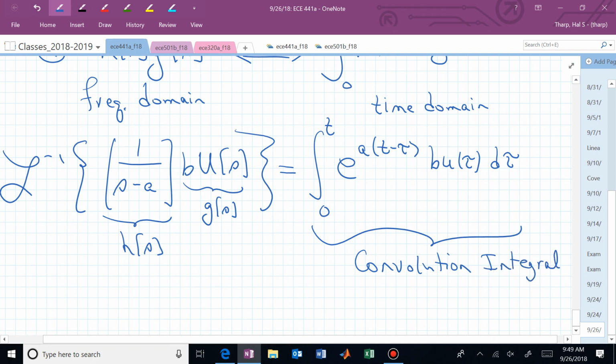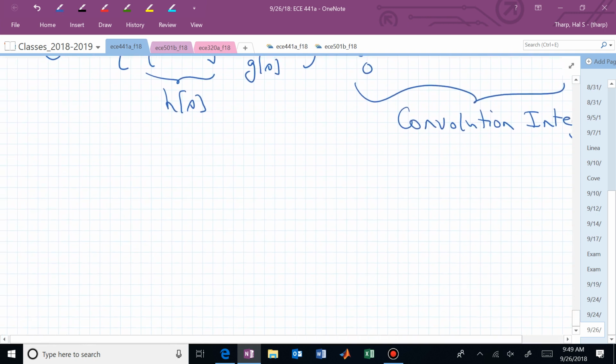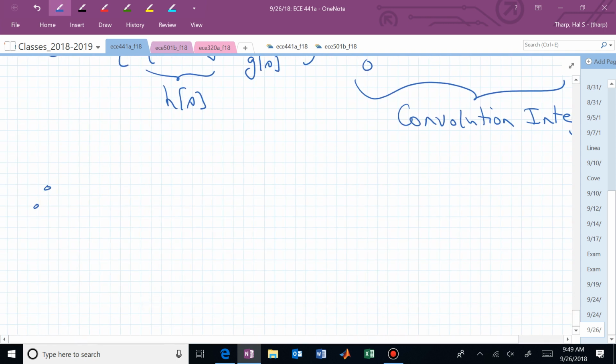Where did that come from? That's if I have an exciting input going into this first order system. If I have a non-zero input, it comes into that system dynamically through this convolution integral in terms of a solution. So that now I can write my result, x of t, as a sum of two parts.